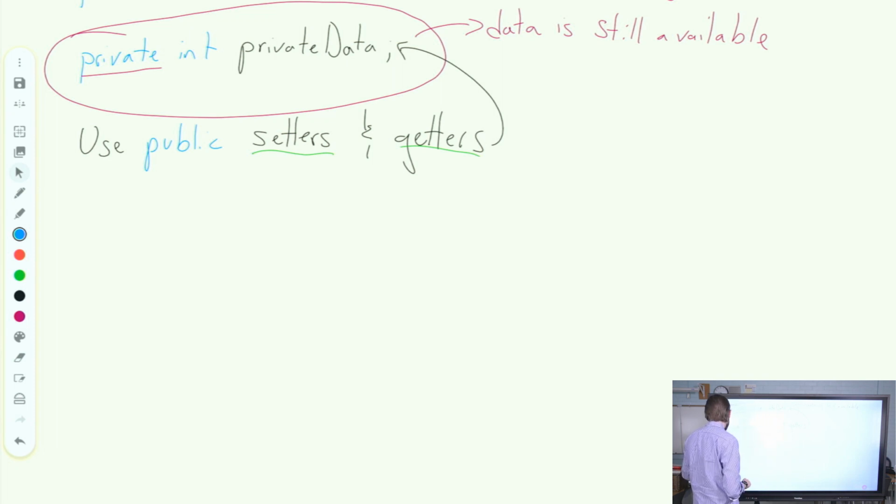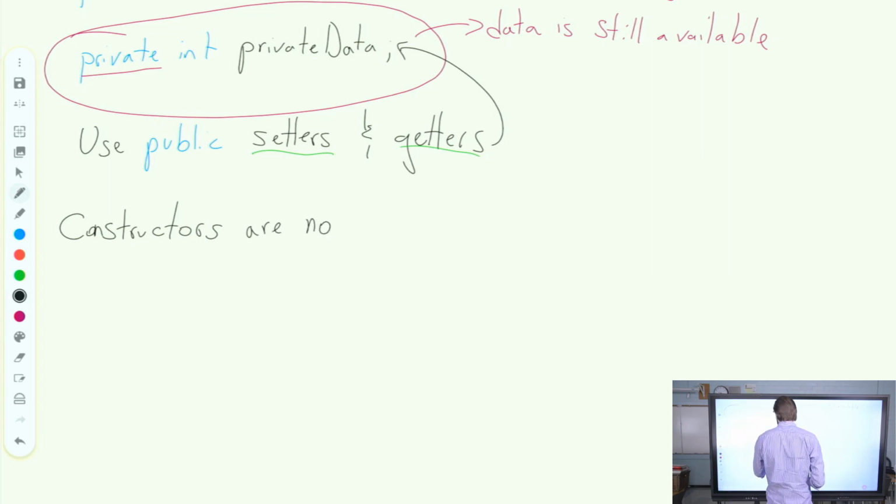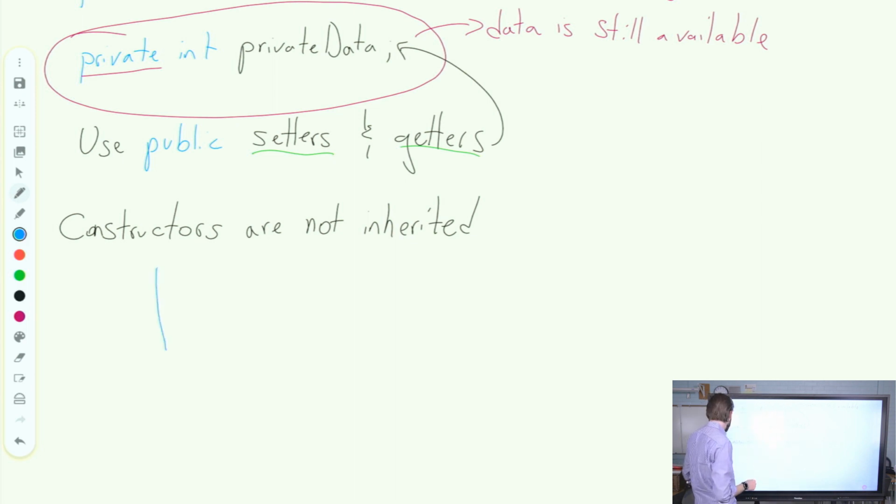Let's talk about an exception to inheritance, and this is our friend constructors. Constructors are not inherited. You must include your constructors in your inherited class.